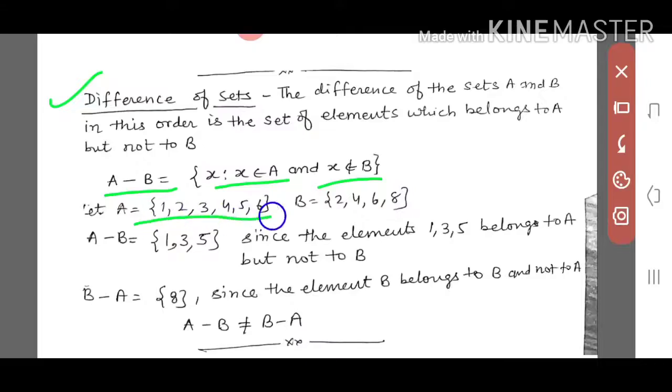Here set A is given to you whose elements are 1, 2, 3, 4, 5, 6. Set B is given whose elements are 2, 4, 6, 8.